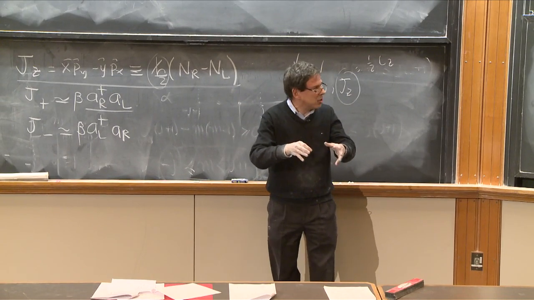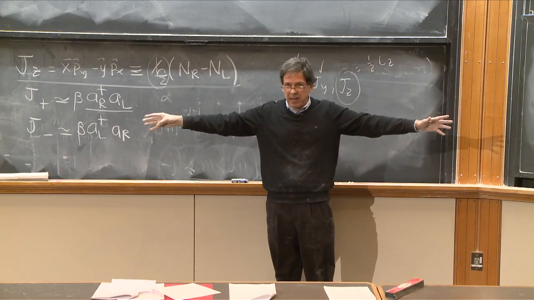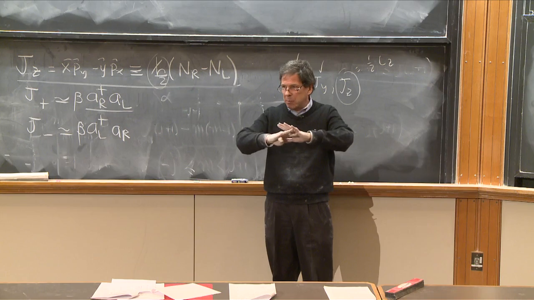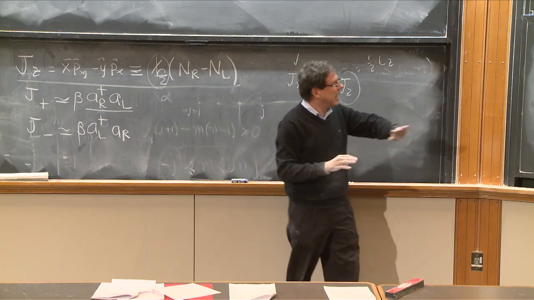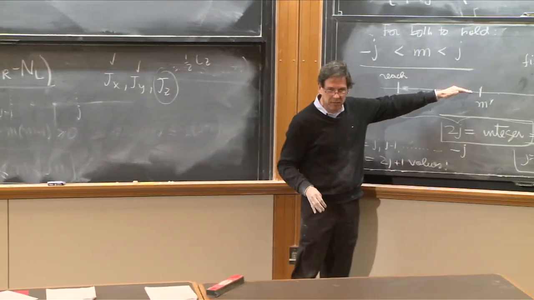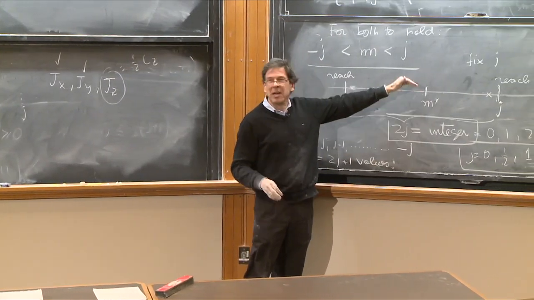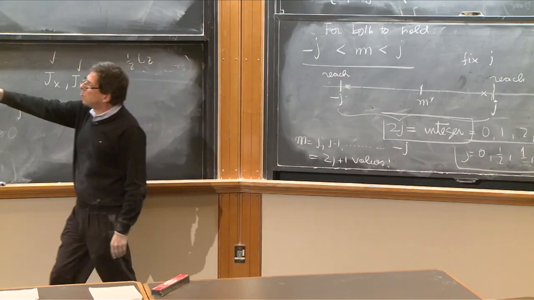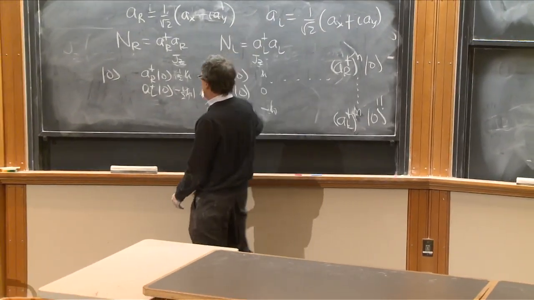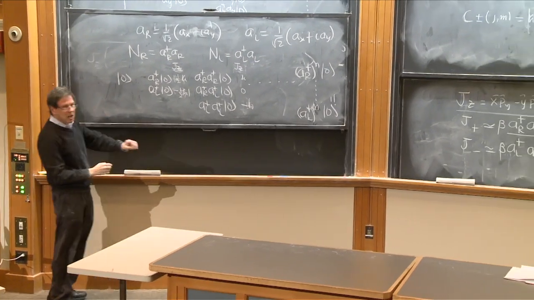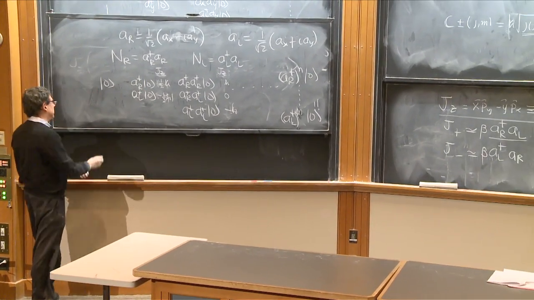And what have we learned today? If you have an algebra of angular momentum, the states must organize themselves into representations of angular momentum. So the whole spectrum of the two-dimensional harmonic oscillator has, in fact, all spin representations.